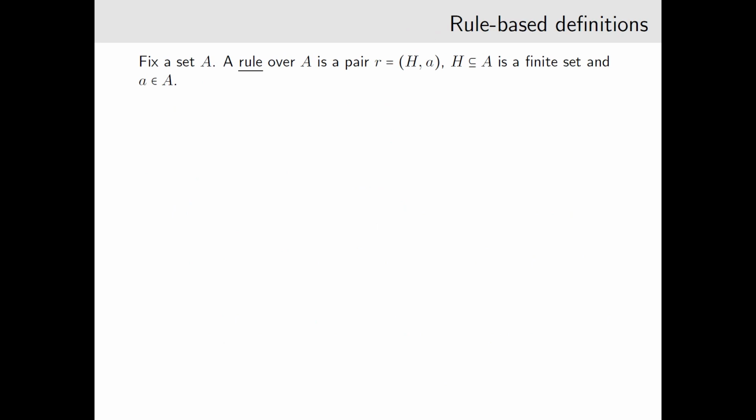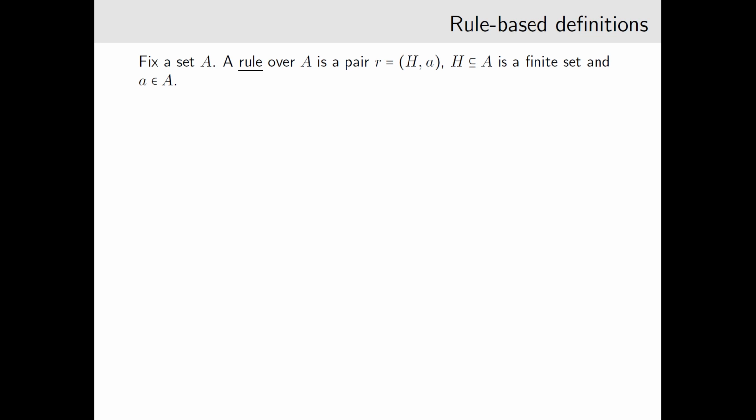So we can talk about rule systems, right? So we have a notion of a rule, which is a pair consisting of a set of hypotheses and a conclusion. So we talk about abstract rule systems.